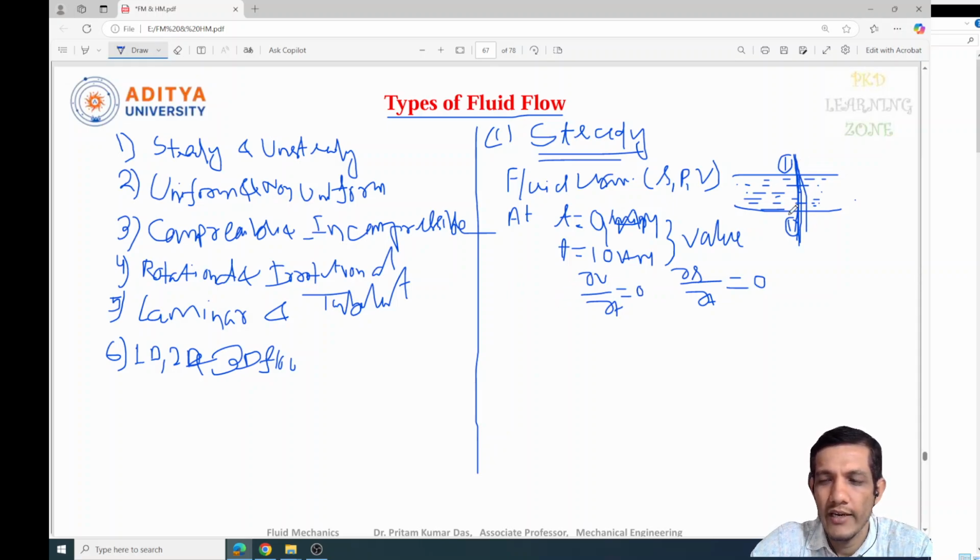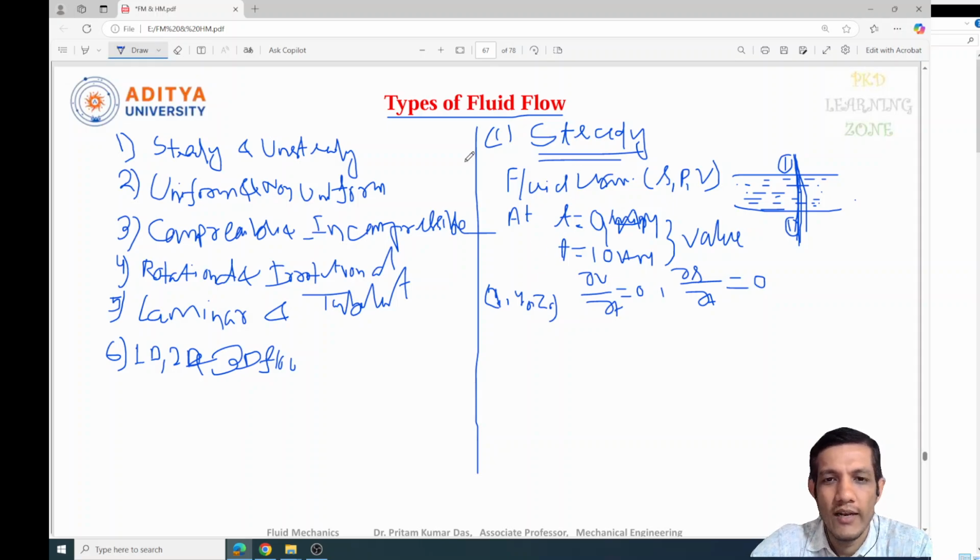If you take any direction, it will be at x0, y0, z0, at a fixed point. So there is no change of these fluid characteristics at a point with respect to time.